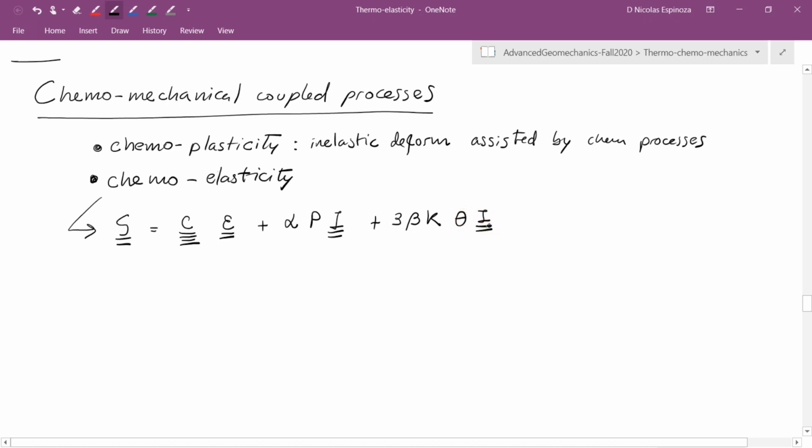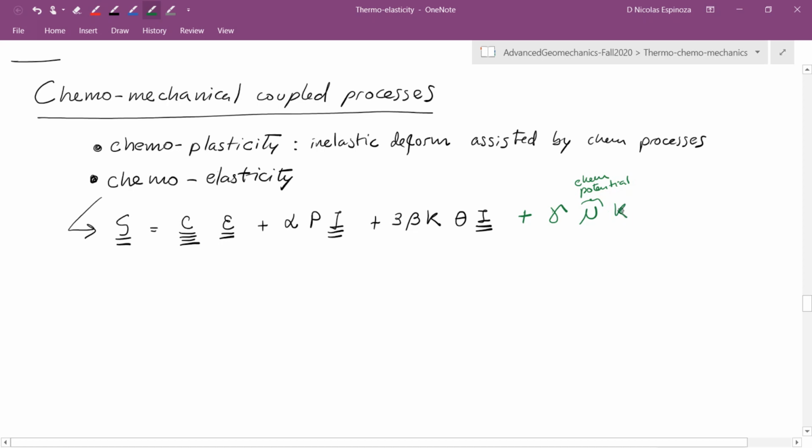All right, now we're going to add one more term, which is related to changes in the chemical potential of the solid or the fluid, where the chemical potential is mu. To make it easy for this case, we're going to assume that these changes cause only volumetric strains or normal stresses.